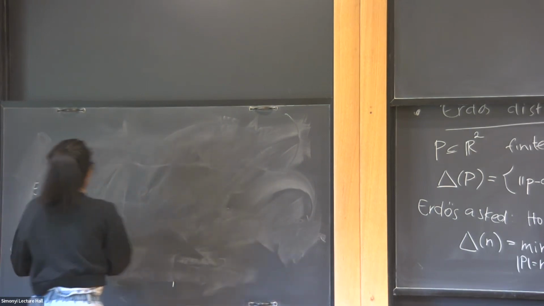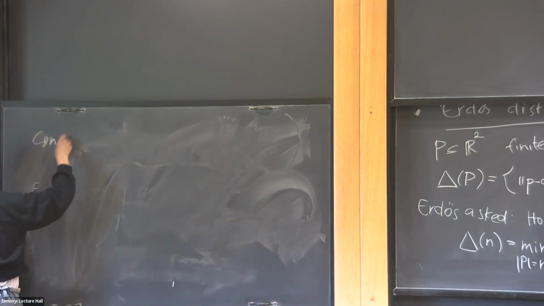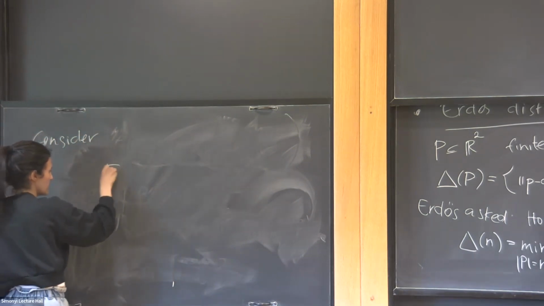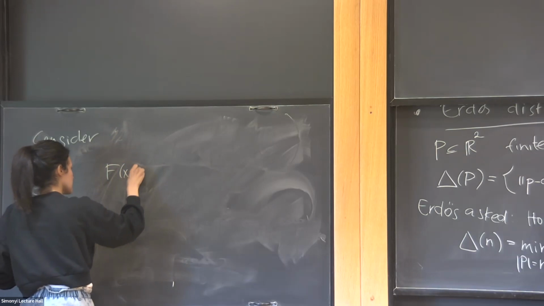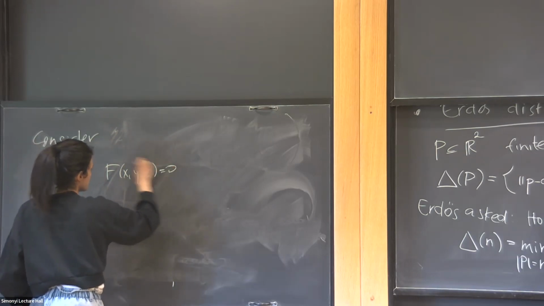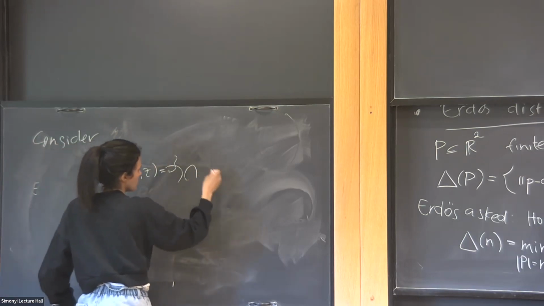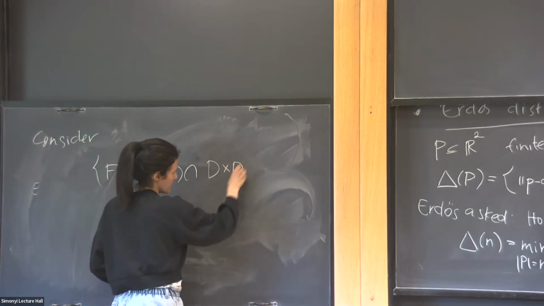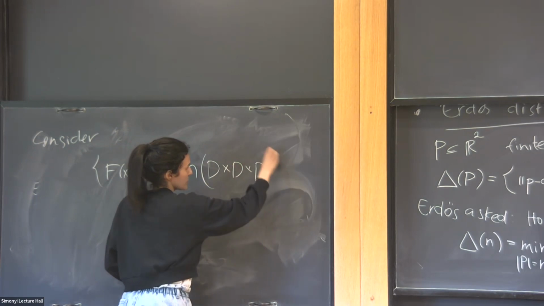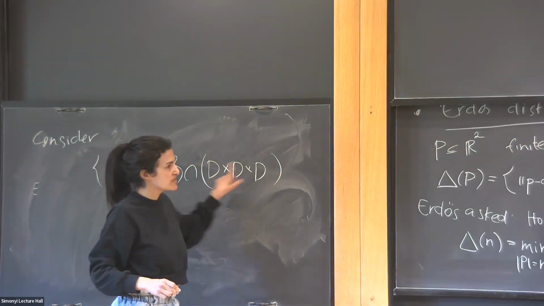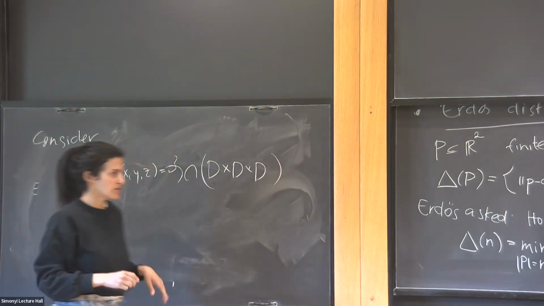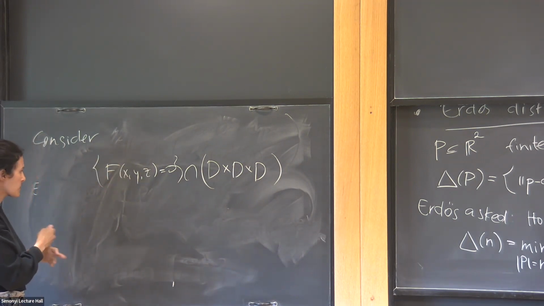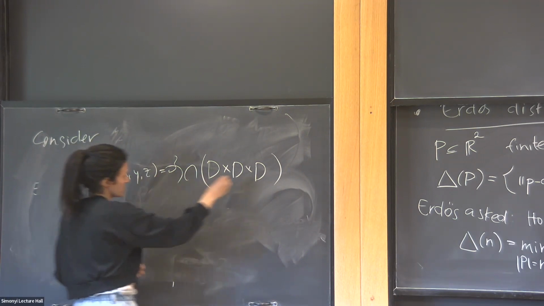What they do is they consider the intersection of the zero set of F with the grid D Cartesian product D Cartesian product D. Remember that D is the set of distances that are spanned between the 3 points and the set P, the large set P. Okay, so what do I know about this intersection?